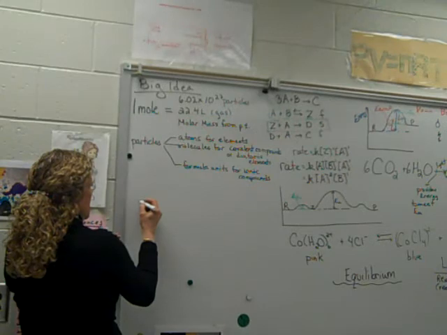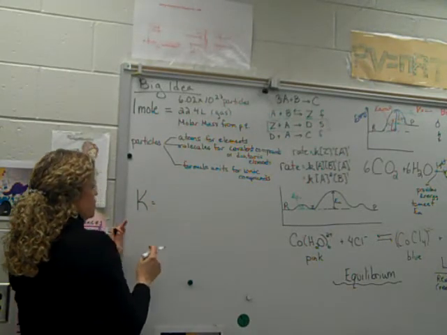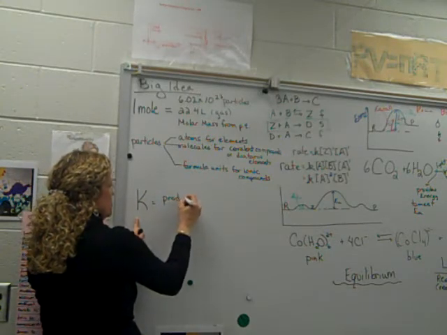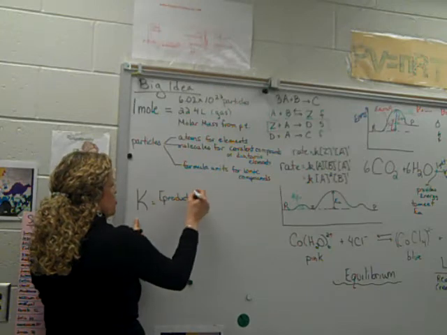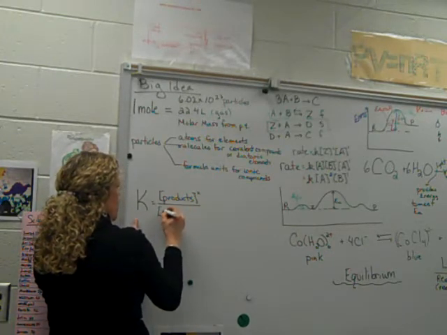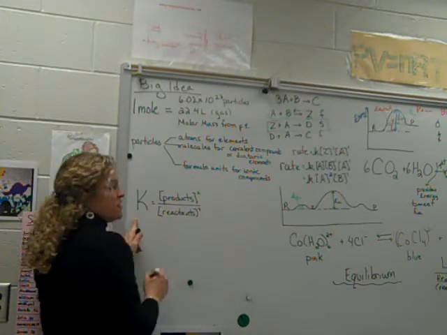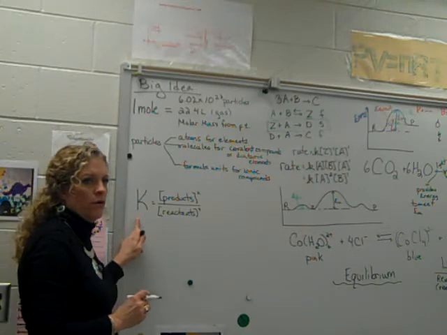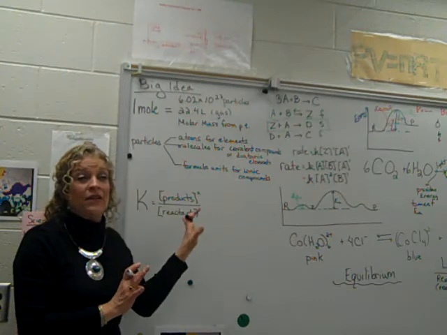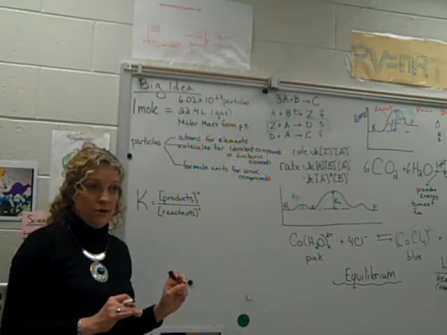So if we have an expression and its products, the concentration of products raised to some power over the concentration of reactants raised to some power. How is this related to a rate law? It's not. I'm going to show you exactly how to get the exponents. We're not going to have to study any data, okay?